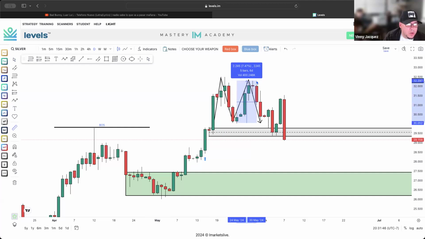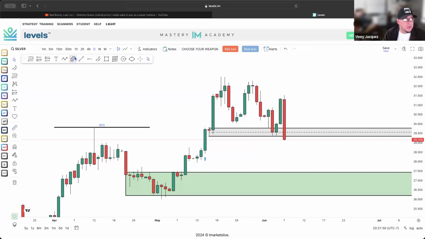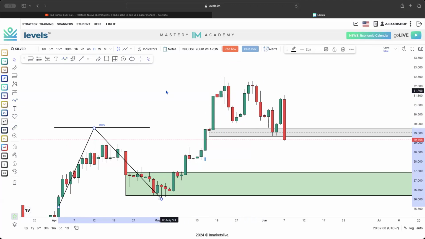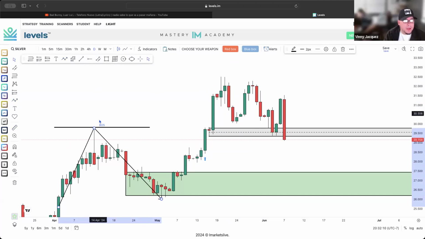About 2,200 back and forth, stuck in this zone, right? So we know as market is continuing to buy, guys, if this is my higher high, my higher low, what is this point right here? Higher high. This is the higher time frame, higher high.